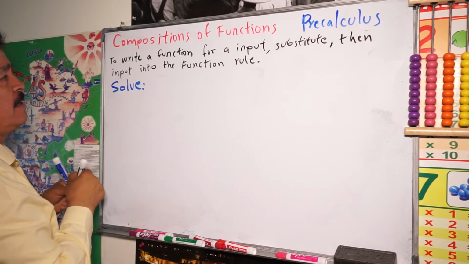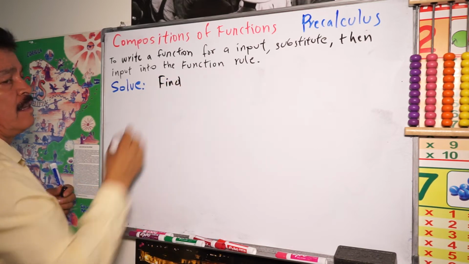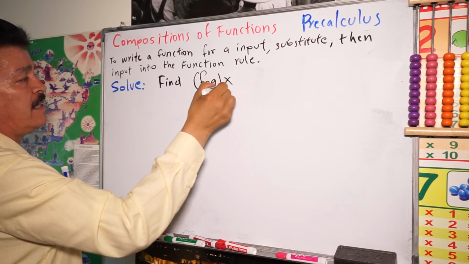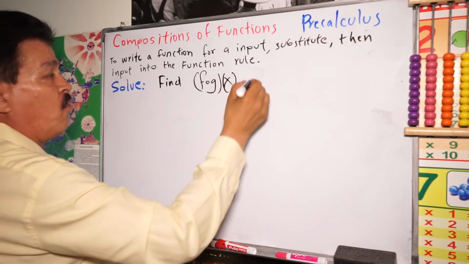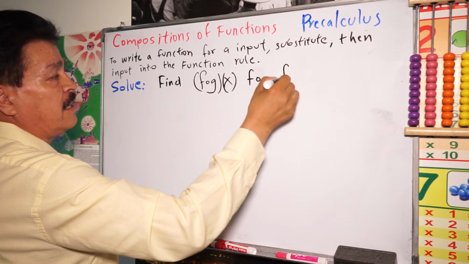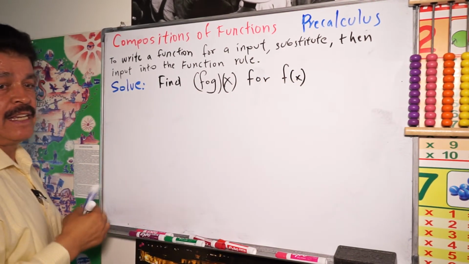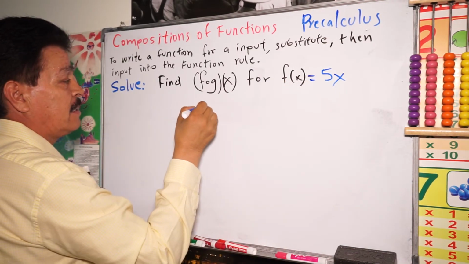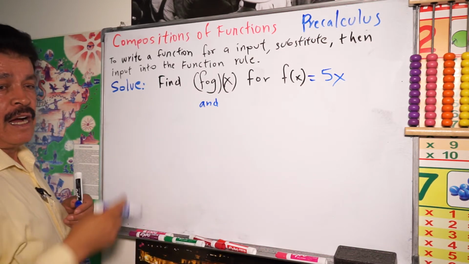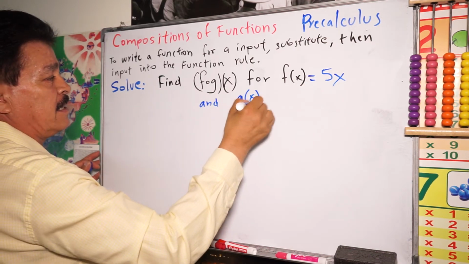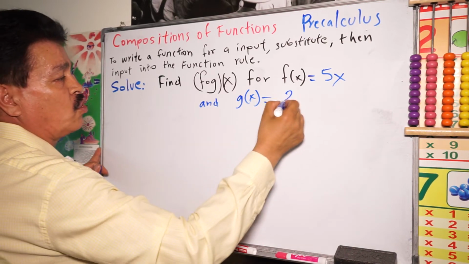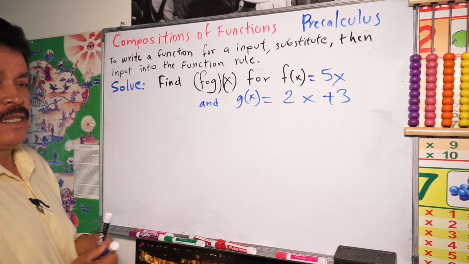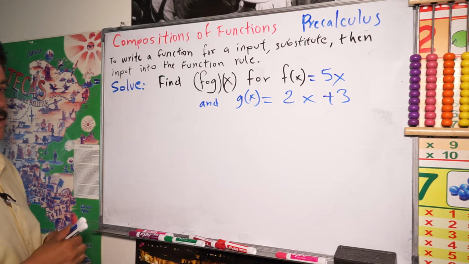Find f(g(x)) for f(x) equals 5x and g(x) equals 2x plus 3. Okay, this is our problem that we have to solve.